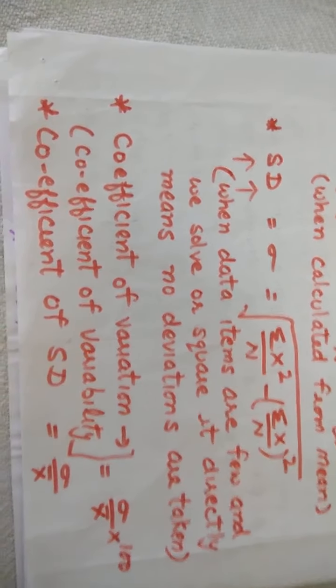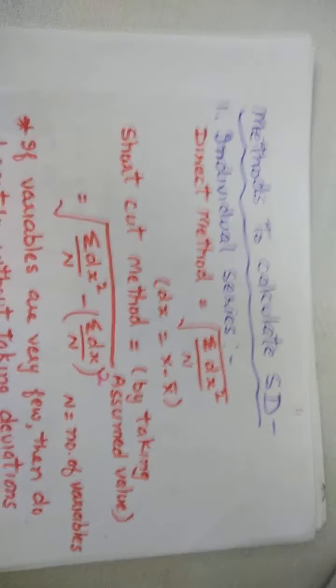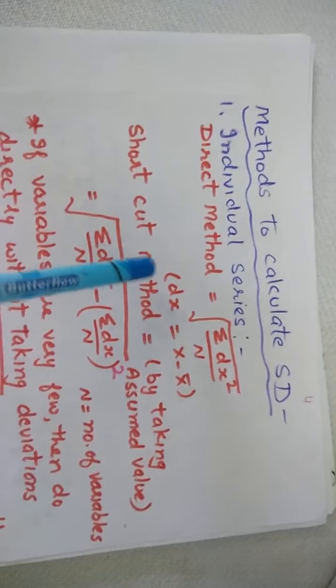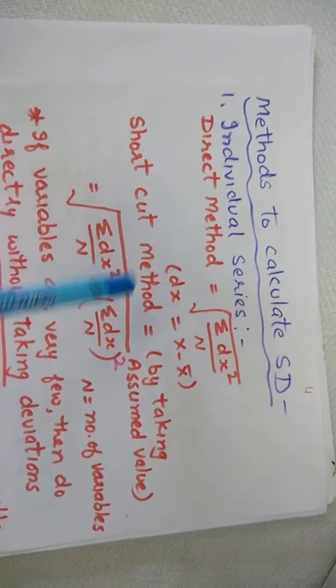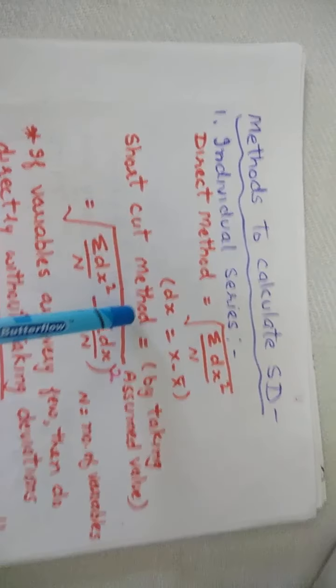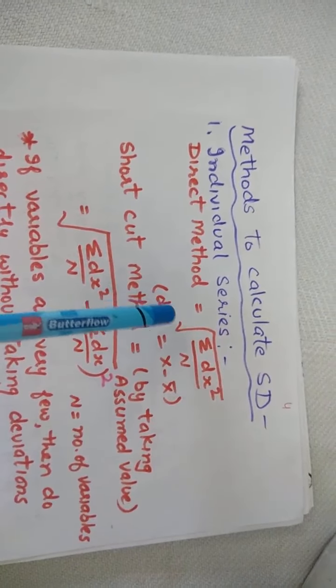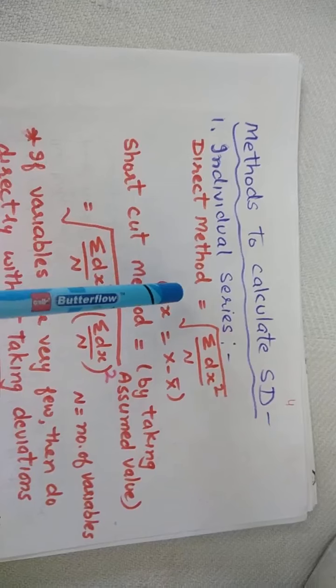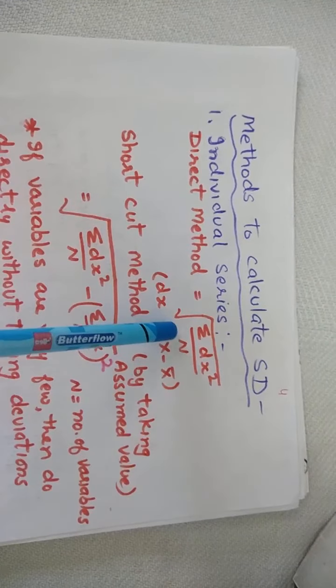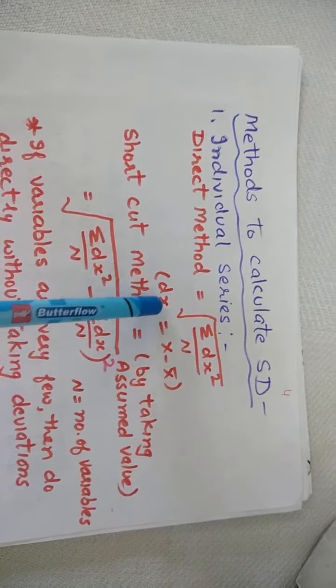And now different methods to calculate standard deviation when discrete series. The direct method and shortcut method, as we use to calculate mean, are also used to calculate standard deviation. Direct method: summation dx square over n, whole square root, here dx is equal to deviation taken from mean.